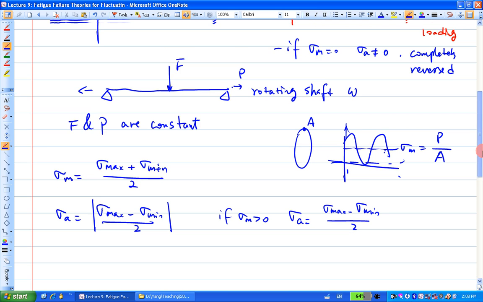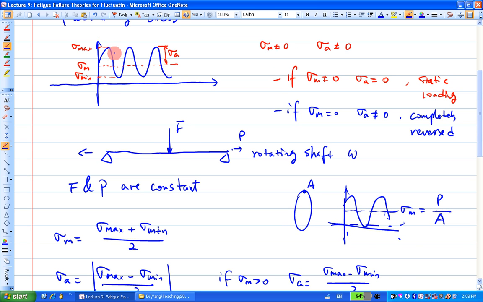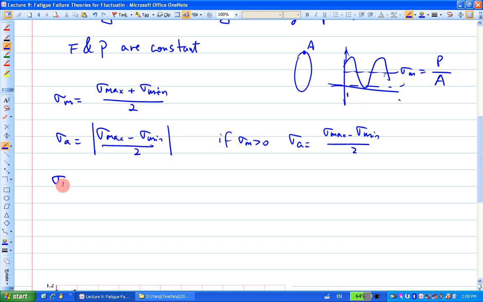And the other relationship you might have is, what about expressing sigma max in terms of sigma m and sigma a? Sigma max is what? Plus, right? Plus.